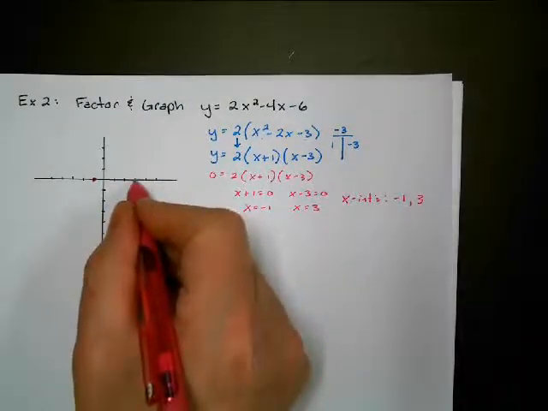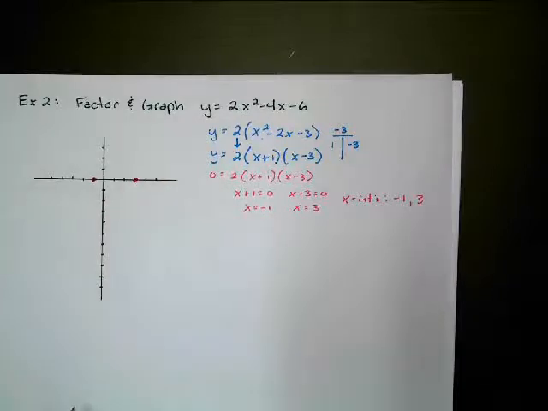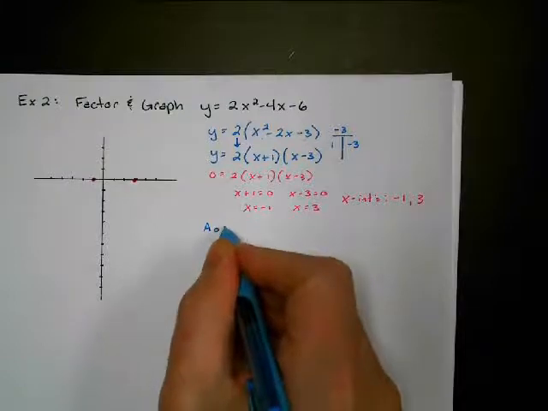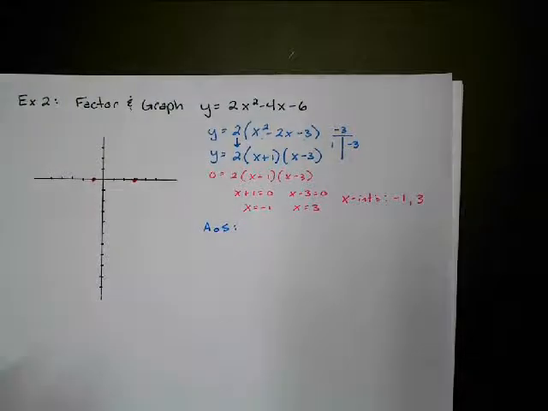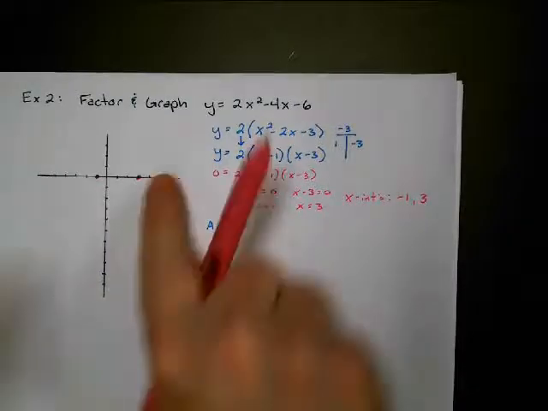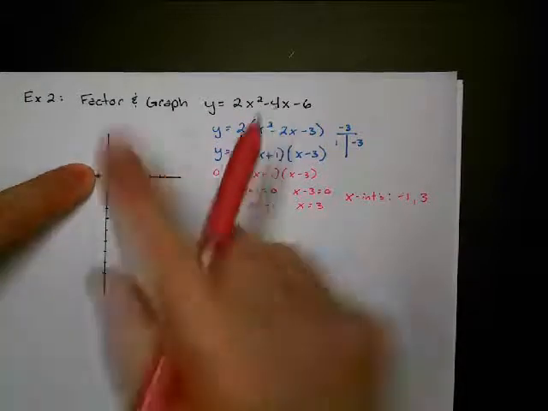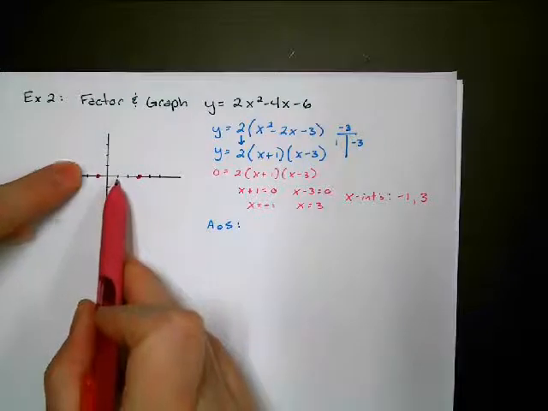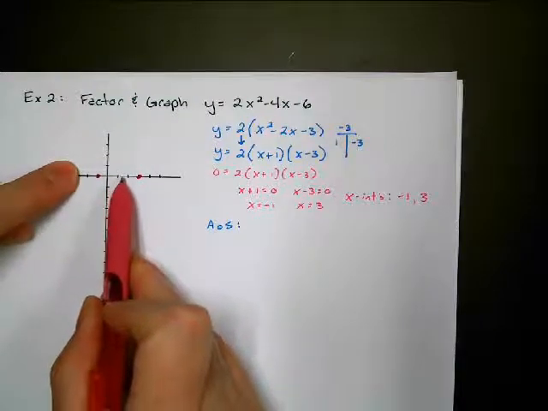Next step, find the axis of symmetry. So the axis of symmetry has to be right in between these two. That would be here at 1. 1 is halfway in between, nope, 1.5 is halfway in between those two.